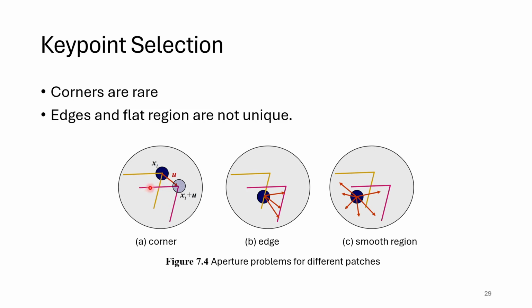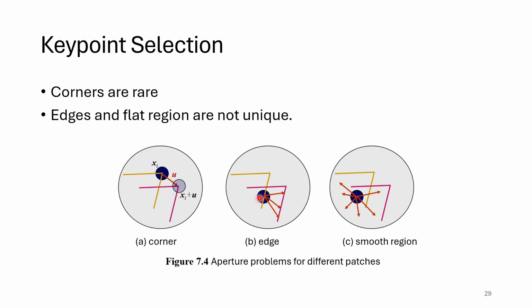If you have two images, the red one and the yellow one, then if you use a corner as a key point, it is good because corners are rare, and you can find them in another image relatively easily.